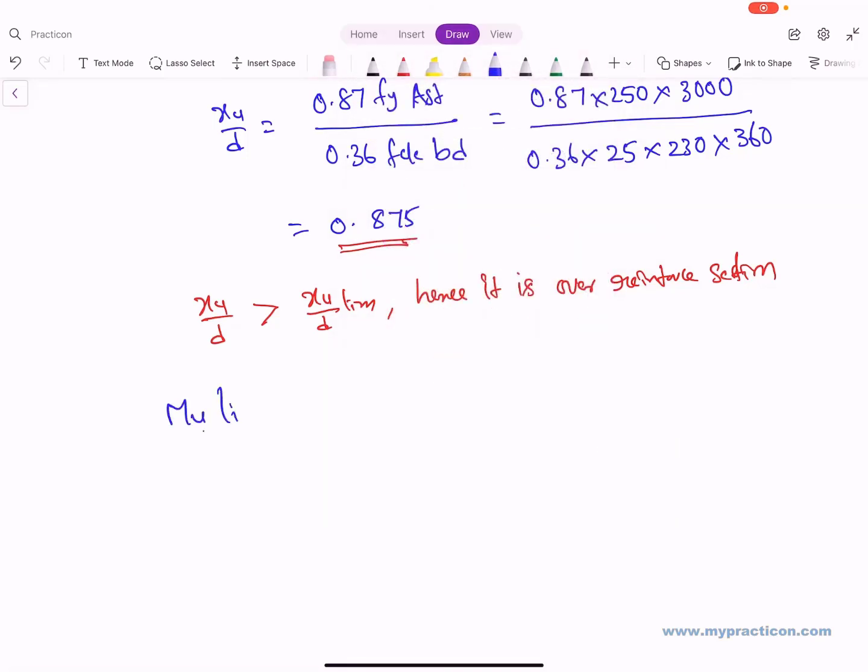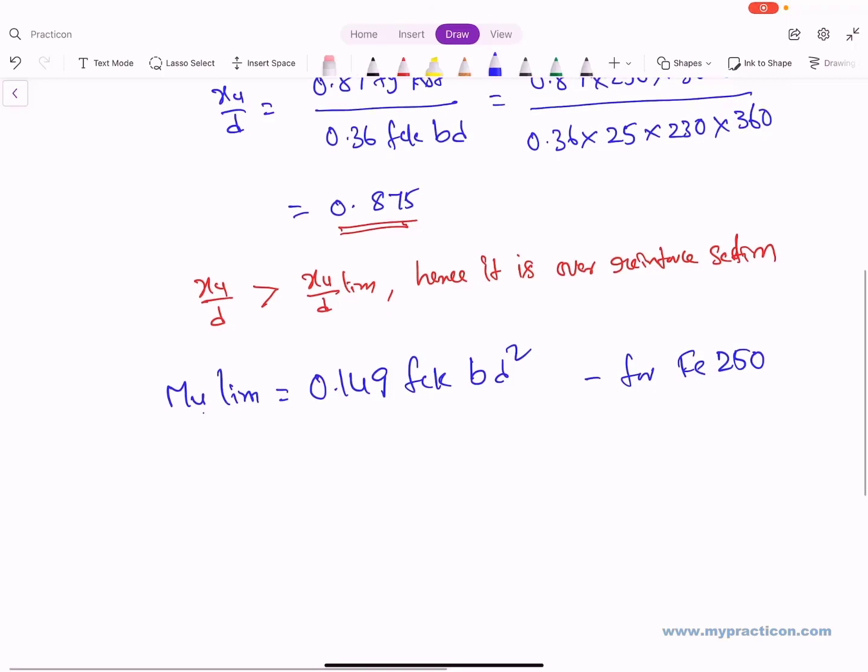MU limit equals 0.149 FCK B D square. This is for Fe 250 grade steel, straight away the equation 0.149 FCK BD square. Just keep in mind, it's very easy to calculate the balanced moment carrying capacity of the section.